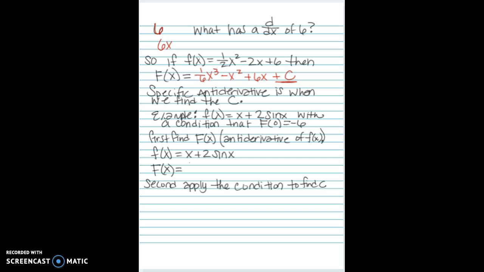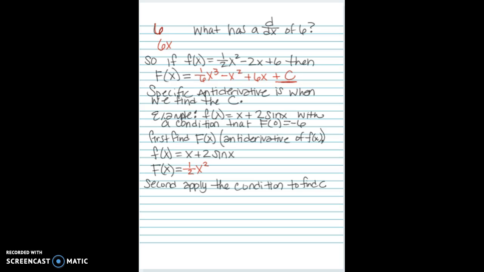So cap F of x equals, well, let's look at the x. The exponent would have been 1, so 1 plus 1 is 2, and 1 divided by 2 is 1/2, so that's 1/2 x squared. The next piece, we have 2 sine of x.